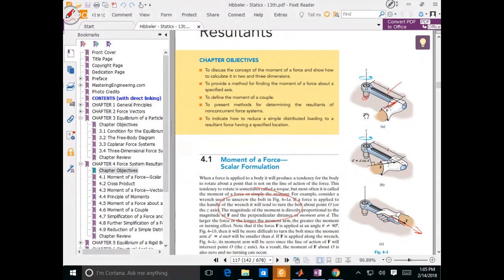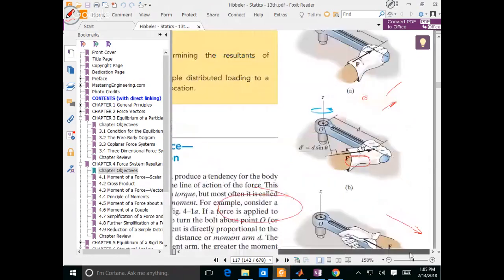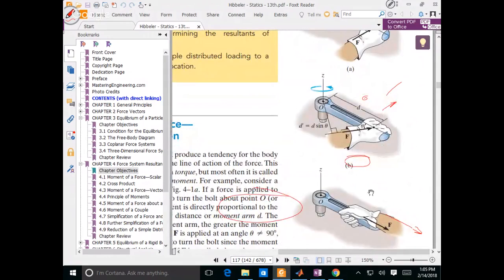So what he's showing here is that there's a component of the force here. He's showing that in this particular case, if I were able to break it apart into its components, essentially what you've got is a force that's perpendicular, and then a force that is not perpendicular but parallel to the wrench.